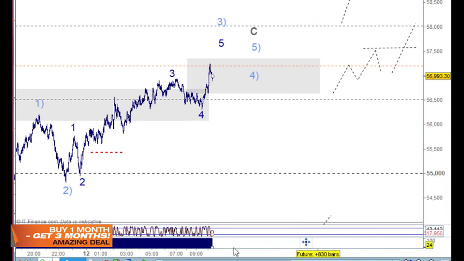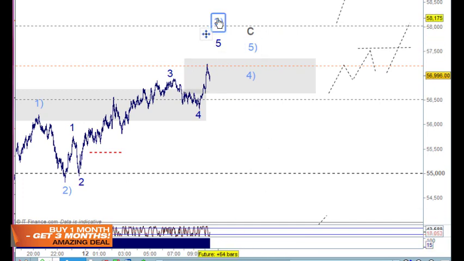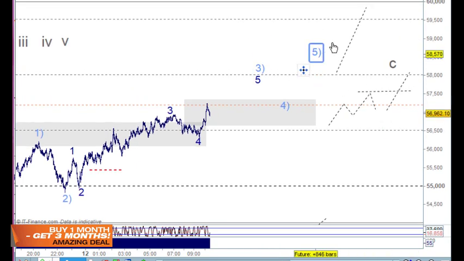Okay, well that's good news for the bulls then. So that should end up sort of up there somewhere. We probably won't come into the C wave then. So that's going to take us a bit higher at that point, which is good.